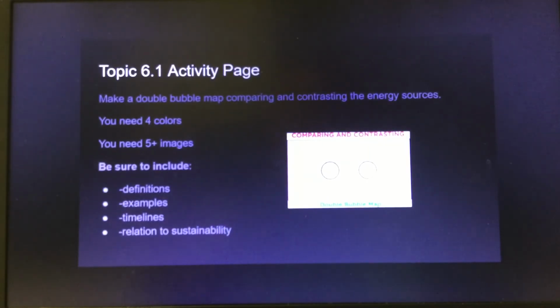As you fill this information in, you're going to need to use 4 colors and 5 or more images. Somehow you're going to have to draw something so that your brain has to think about it and then it gets stuck. As you're doing this, make sure that you're including definitions, examples, timelines, and how those items relate to sustainability. It just helps you know what you're going to do on this page. You do get the entire page to do it.